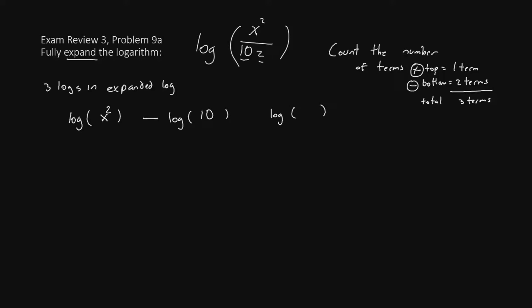Also, z is on the bottom. Place that in the next parentheses. That's also negative because it was on the bottom. So right now we have log of x squared minus log 10 minus log z. Another thing we can do to continue expanding is to move any exponents down.